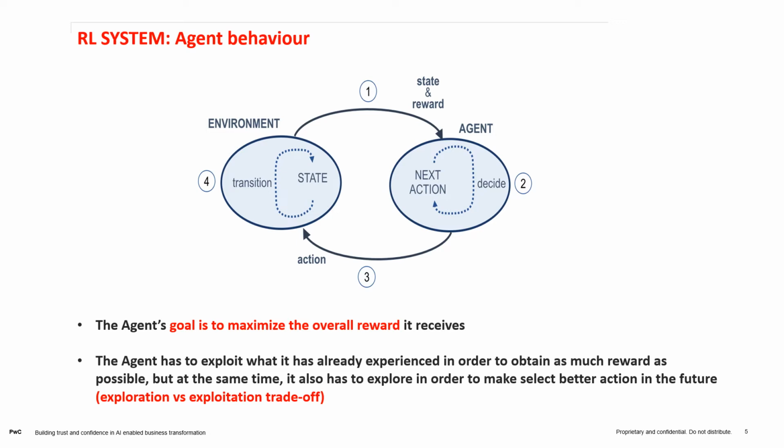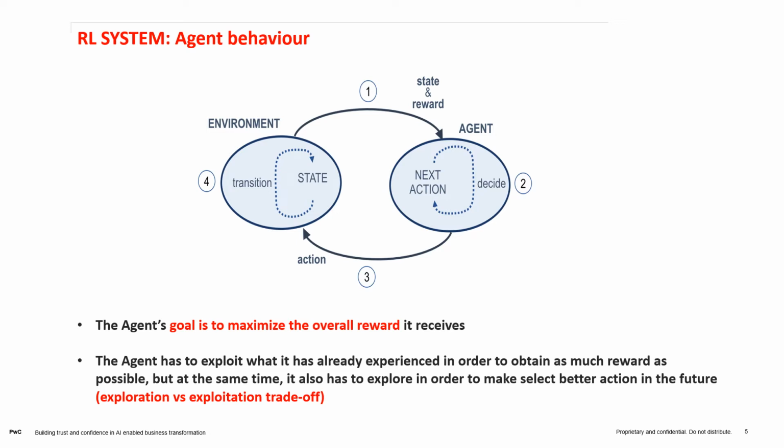So in a portfolio context, if the agent has bought some shares and the price has gone up, that's a reward that will be made available to the agent on the next iteration of the environment.